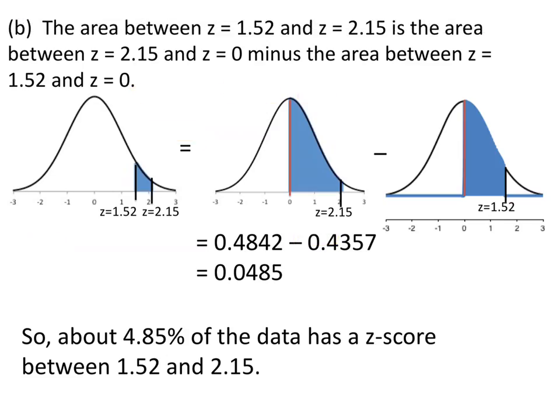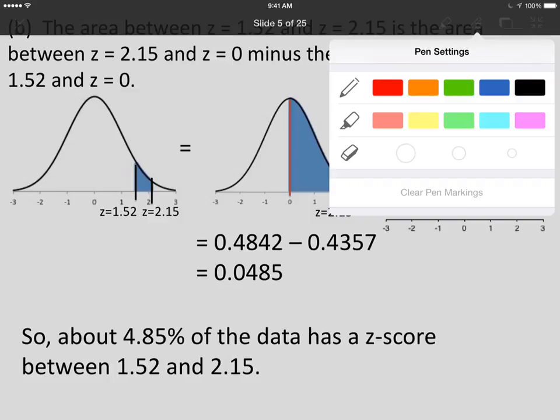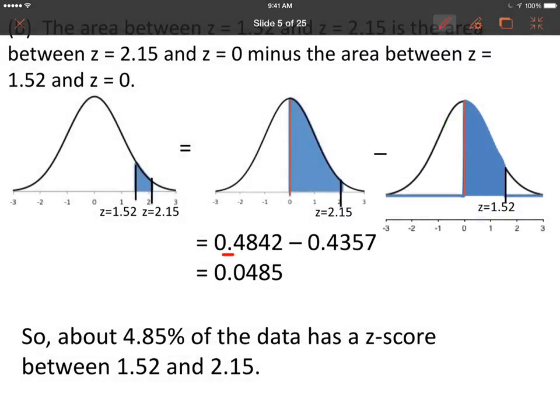Okay, so I write those two areas down. So again, this 0.4842 corresponds to this area, and the 0.4357 corresponds to this area, and I'm going to subtract them to get this area.